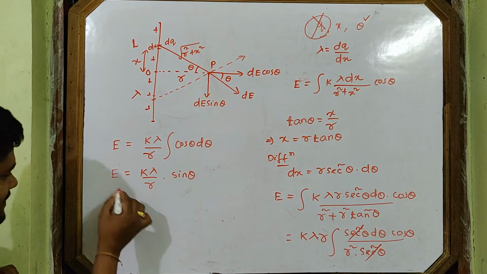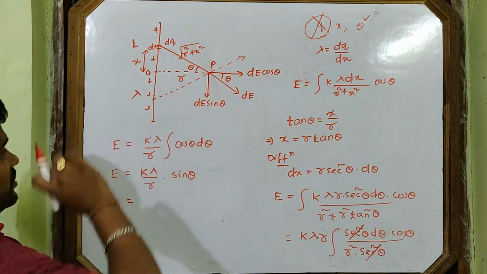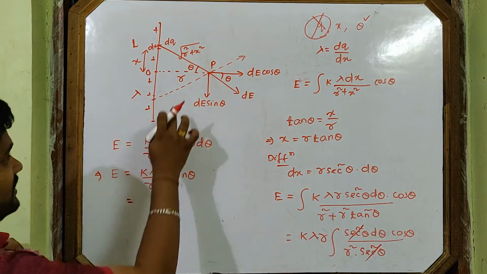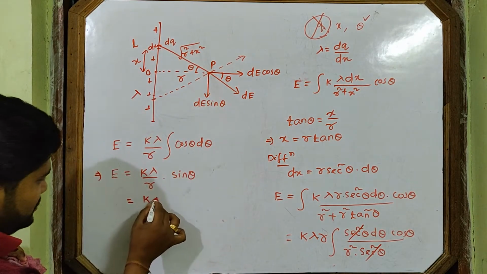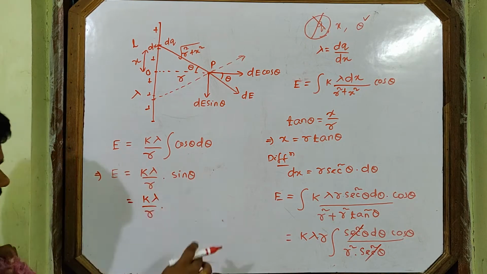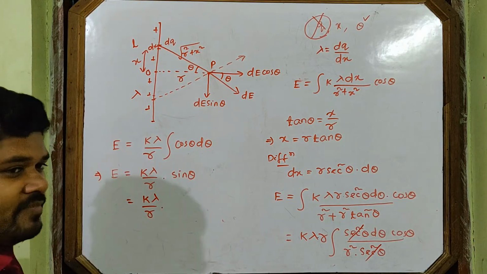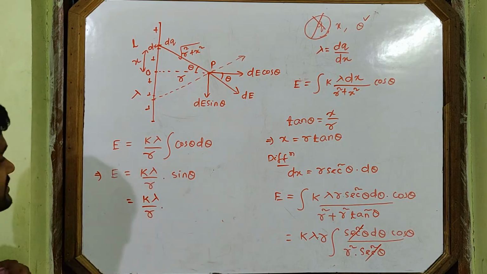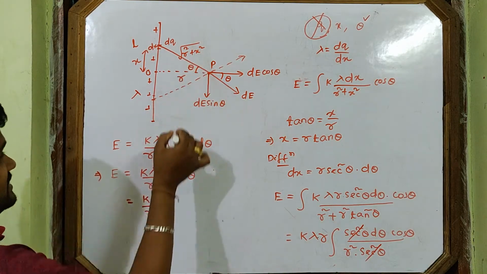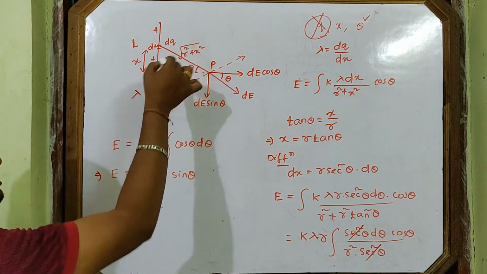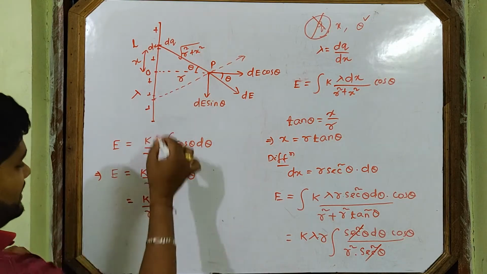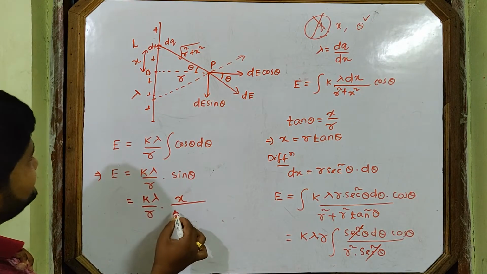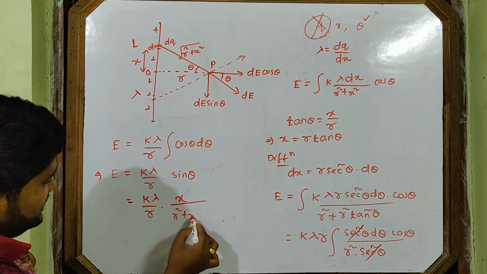If I am considering a finite rod, then we have to convert theta back into x for our limit. How will we convert theta into x? From this triangle, you see, sin theta is x divided by the square root of r square plus x square.